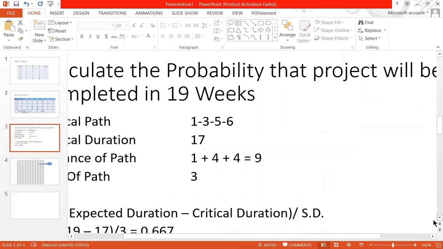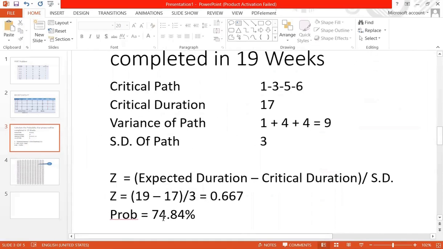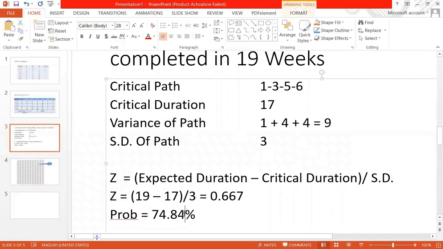So that is what we will write over here. So the expected duration, the probability that the project will be completed in 19 weeks is 74.857, 74.86 कह देंगे हम इसको.